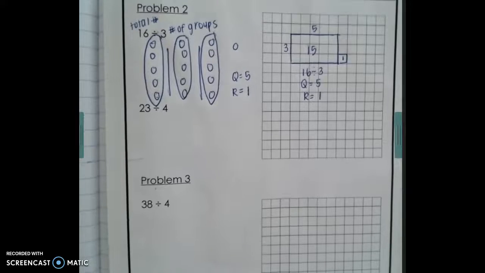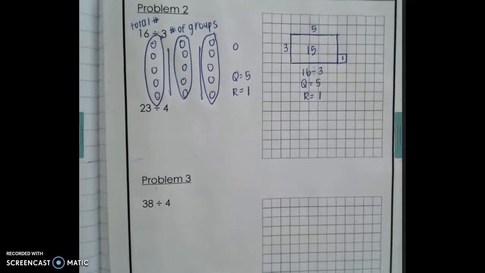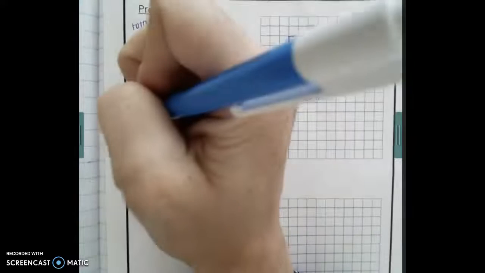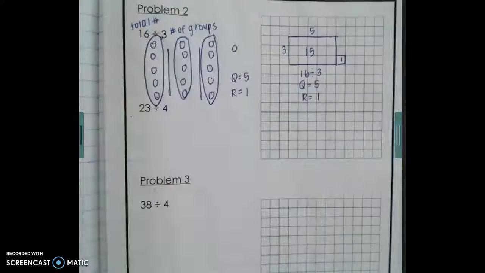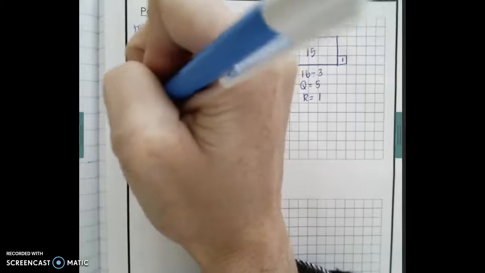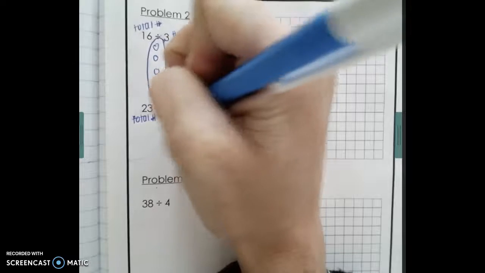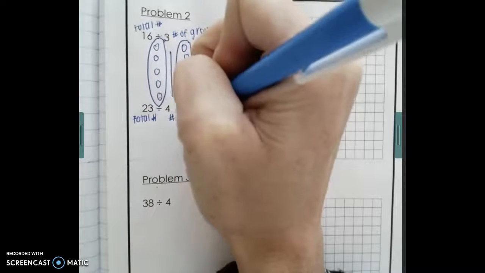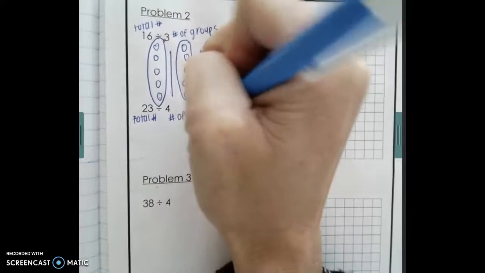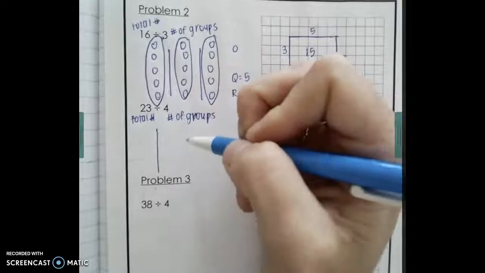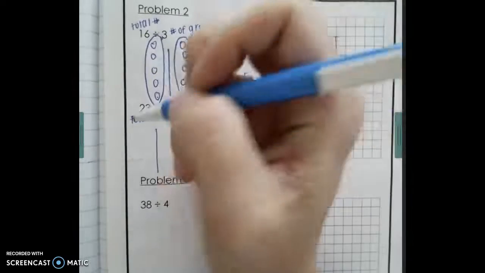So let's try with a bigger number. This one, 23, is going to be our total number. Our 4 is going to be our number of groups. So now for my array, I want to draw 4 groups, 1, 2, 3, and then 4.